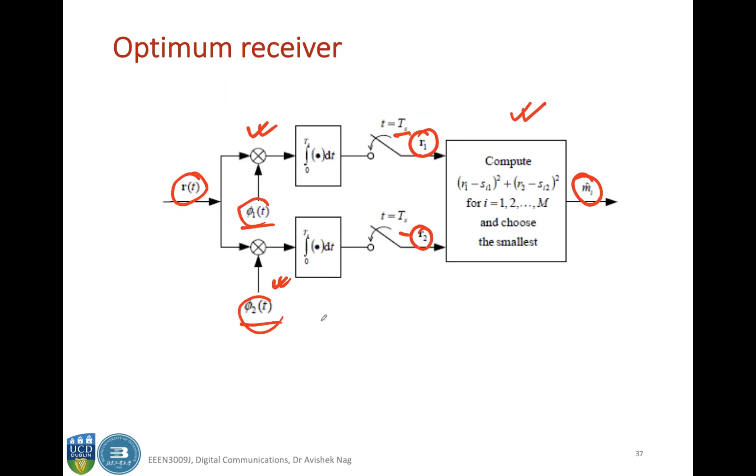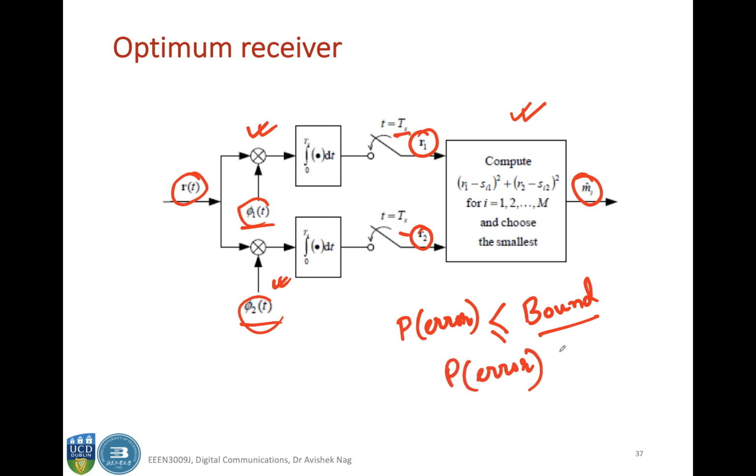Basically, we say that if your probability of error is less than some bound, some maximum value, or it is between two values, let's say the upper bound and let's say the lower bound.